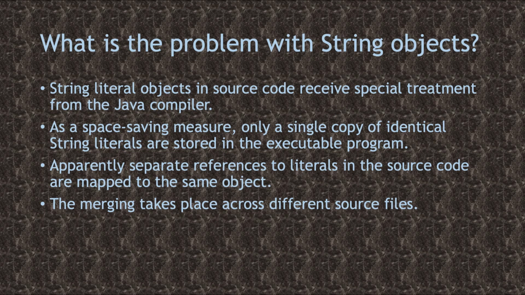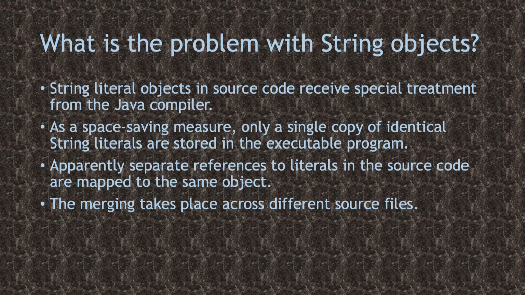So why does the equals operator appear sometimes to work, but at other times to fail? To understand that, we need to understand a little bit about what the compiler does before our program runs. String literal objects in Java source code receive special treatment from the compiler.